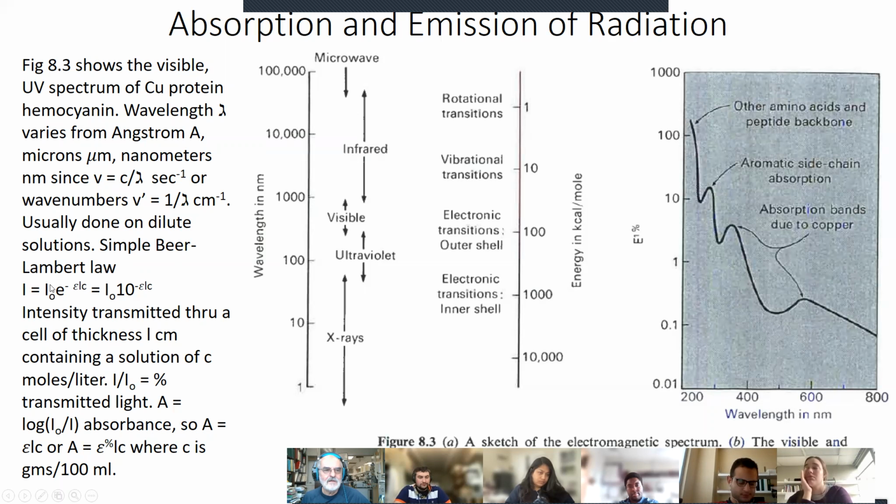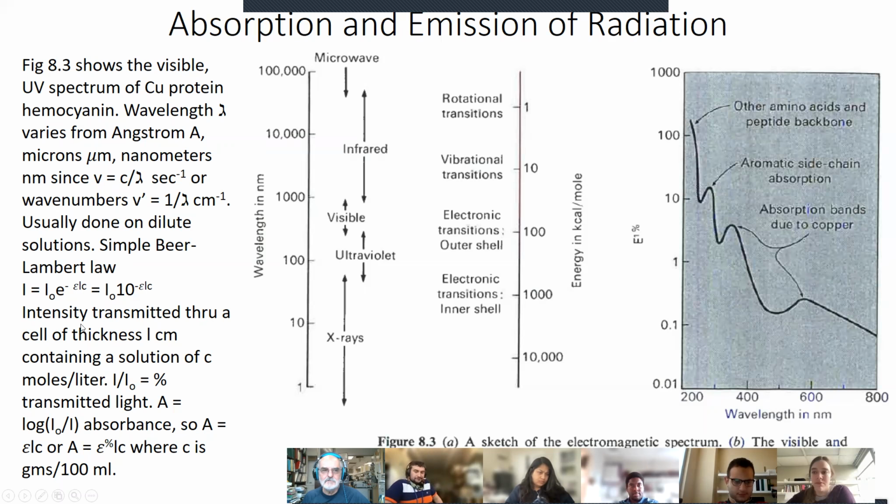And it's reflected in some relationship involving an extinction coefficient. This is this epsilon term, a length, which is the path length through which the light goes through the solution, and then the concentration in some units, okay?